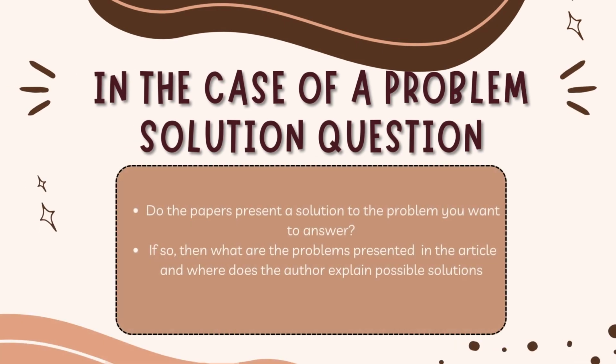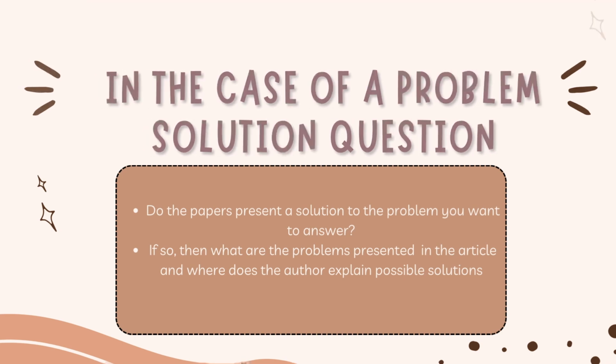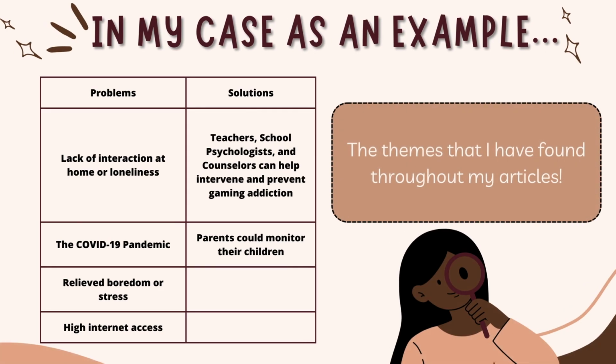Now, in the case of problem solution, you can ask these questions when reading your articles. Do the papers present a solution to the problem you want to answer? If so, what are the problems presented in the article, and where does the author explain possible solutions? Now, back to my case as an example.